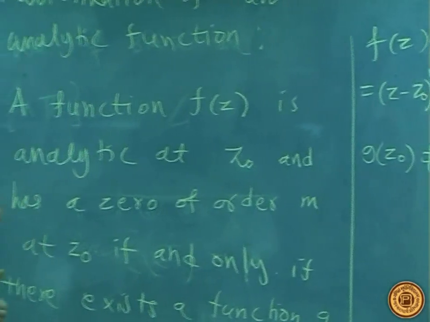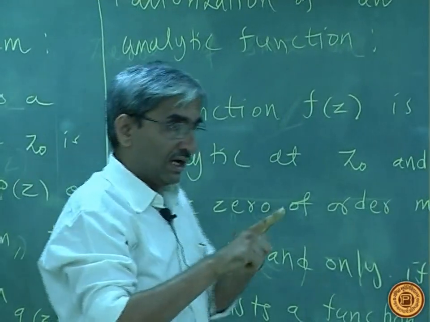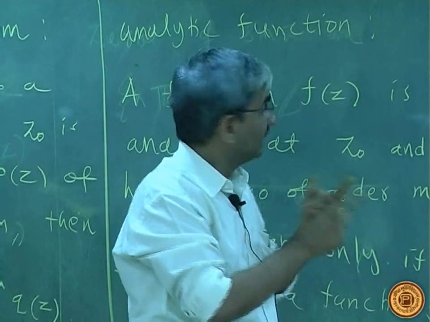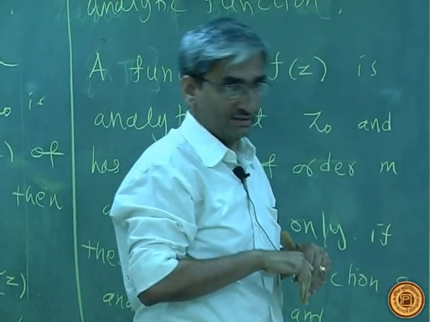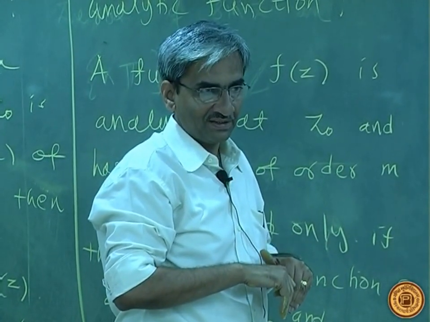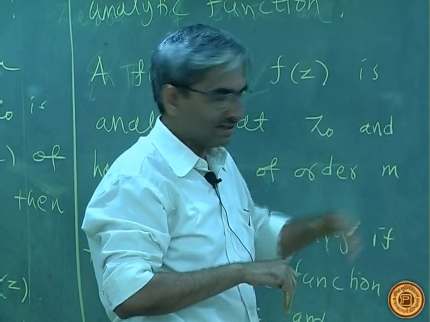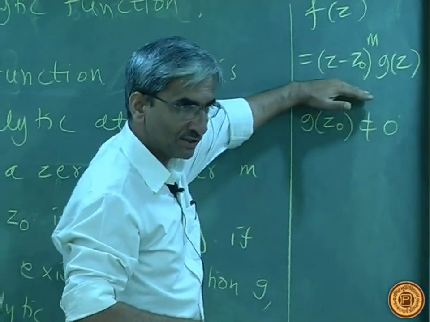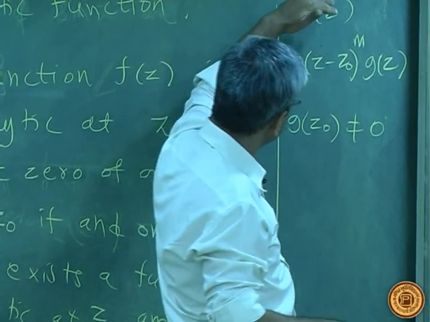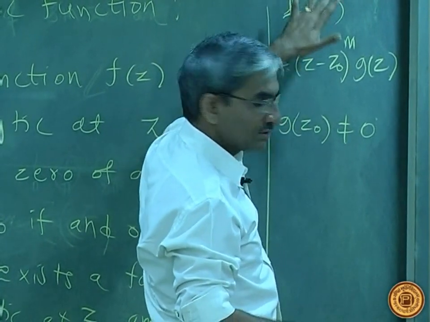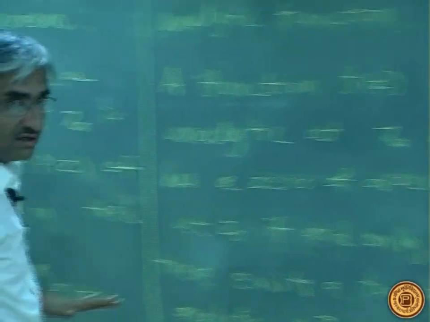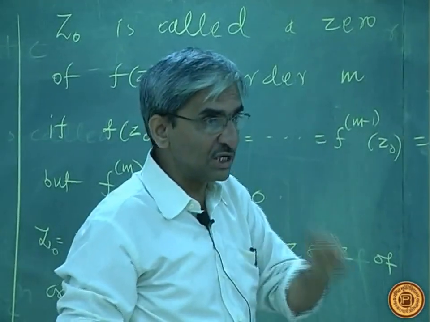See, this condition is for a function to have a zero of order m. If you remember, now compare it with our theorem for a pole of order m. It was g(z) upon (z minus z naught) to the power m. Is this clear? Now this is g(z) into (z minus z naught) to the power m, because this has z naught as a zero of order m. So this is a necessary and sufficient condition for an analytic function to have a zero of order m.